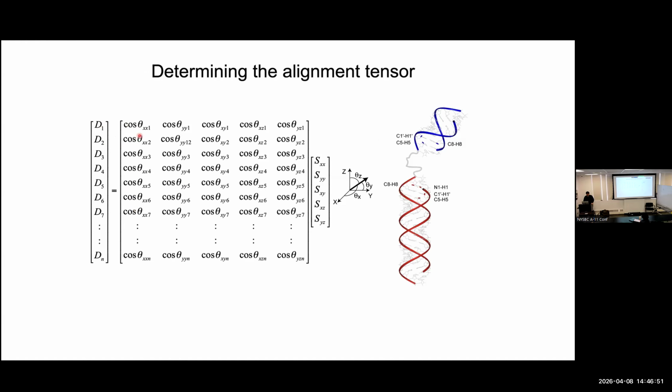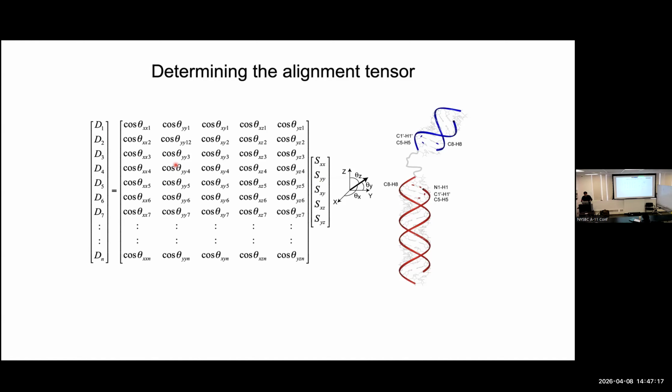Those thetas are the molecular frame alphas, multiplied by the alignment tensor. So there's always one set of 5 alignment tensor parameters applicable to all my vectors. Therefore, if I know the alignment tensor and I know my structure, meaning the orientation of bond vectors, I can predict any RDC.